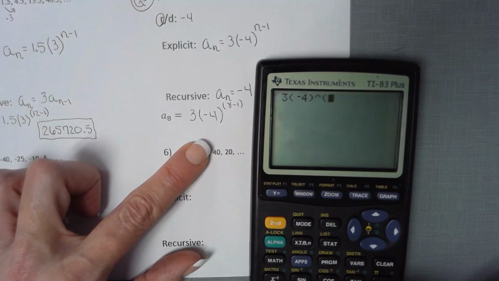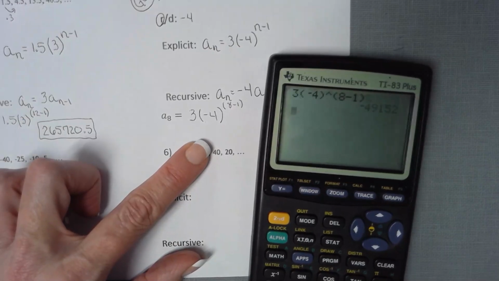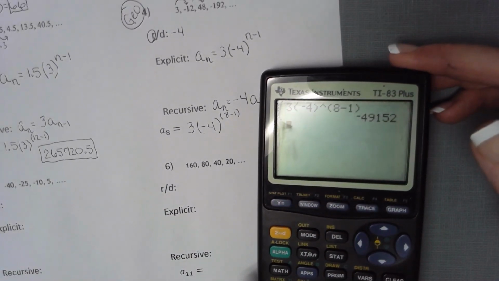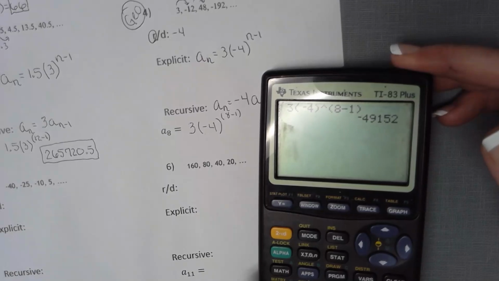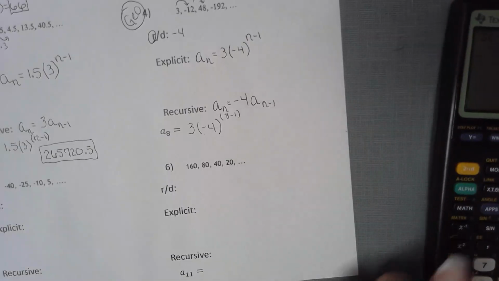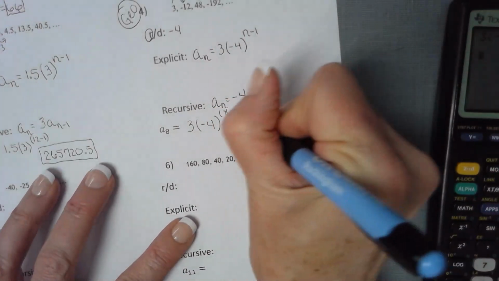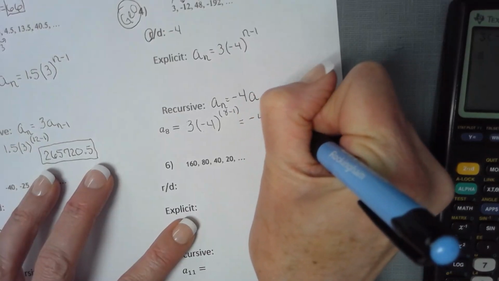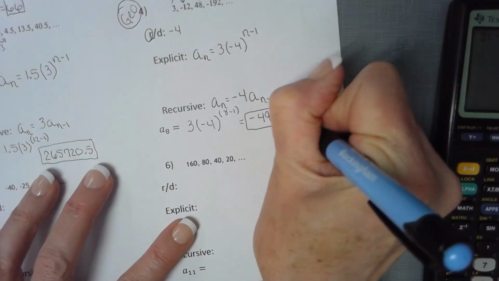I need a caret key. I need to open another parenthesis. And I find out that the value of the 8th term is -49,152. Okay?